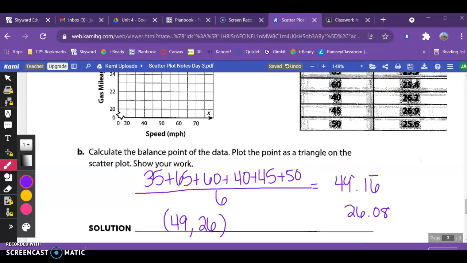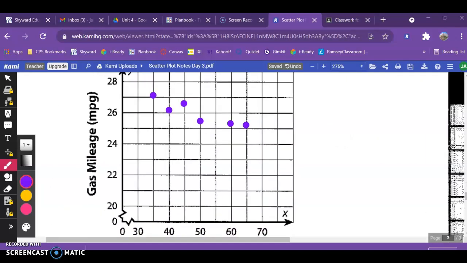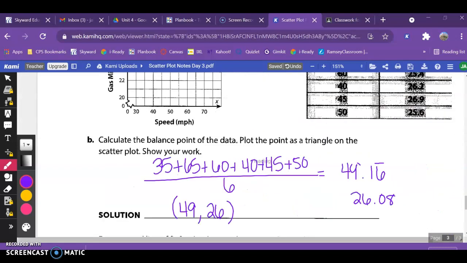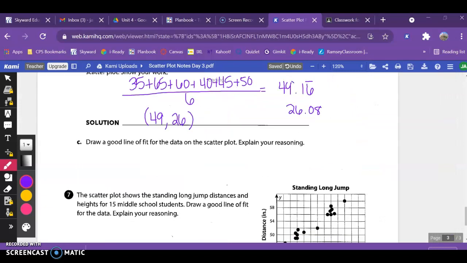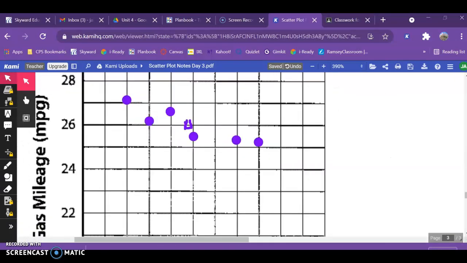And they said to graph that up here with a triangle. So 49 and 26. So it's going to be right in there somewhere, pretty close to there. And then C says draw a good line of fit for the data on the scatter plot and explain your reasoning. So we want our line of best fit to kind of go through that point.